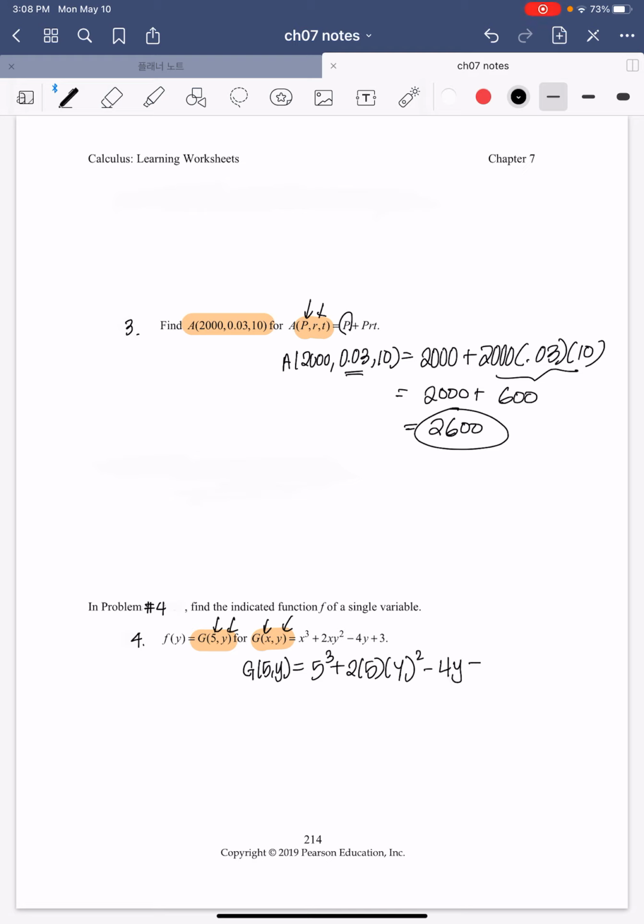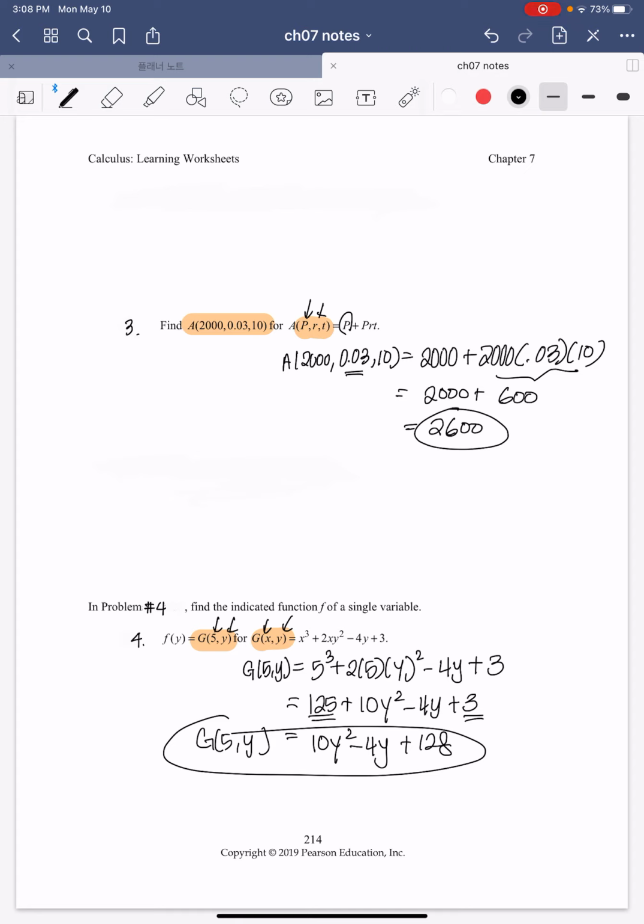Minus 4y plus 3. So I have 125 plus 10y squared minus 4y plus 3. Combining and then rearranging, I have g of 5 comma y as 10y squared minus 4y plus 128. That will be my final answer.